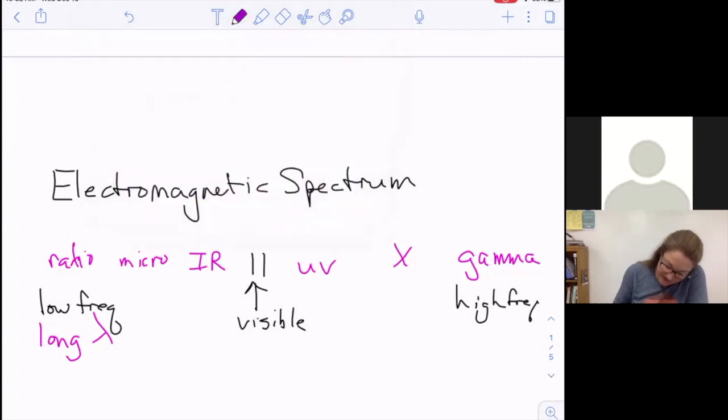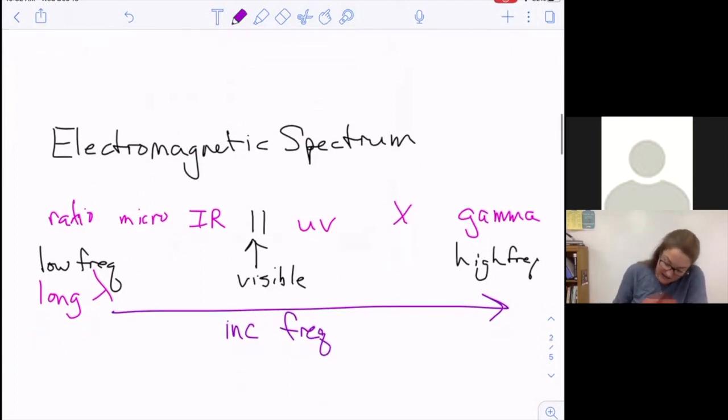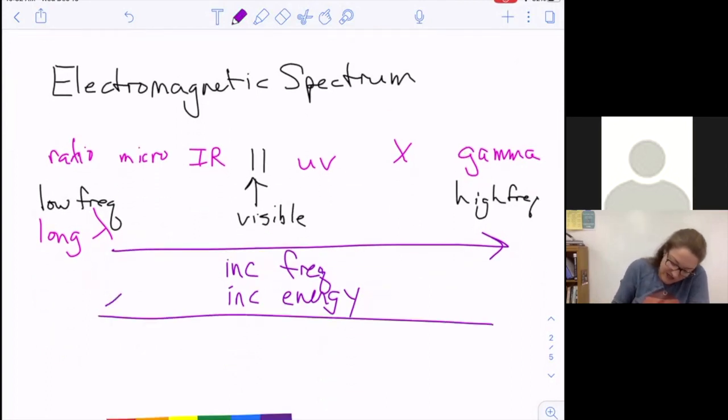I noted down here that as we go from here to here, we have increasing frequency. And we also have increasing energy. The energy associated with gamma waves is much higher than that associated with radio waves. If we go the other direction, we're in increasing wavelength.